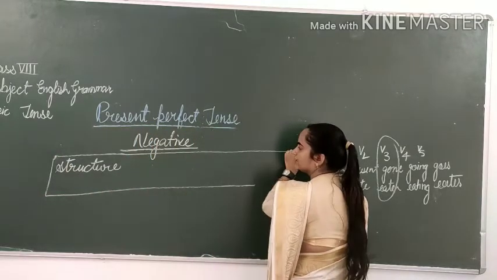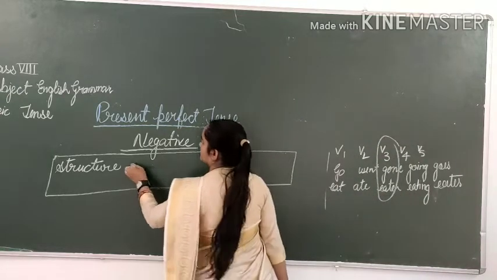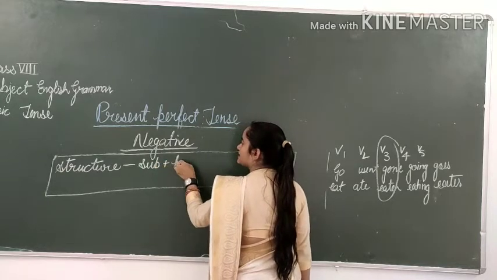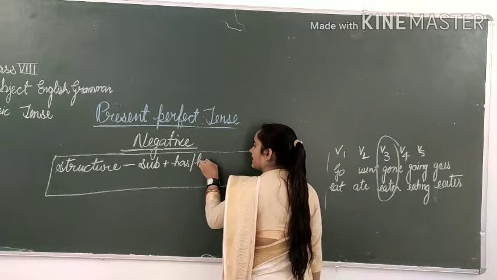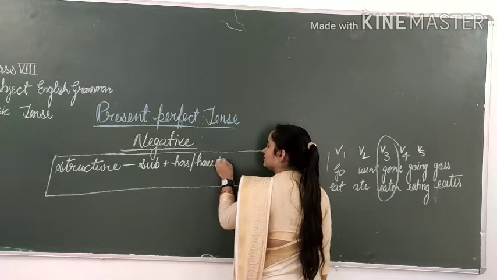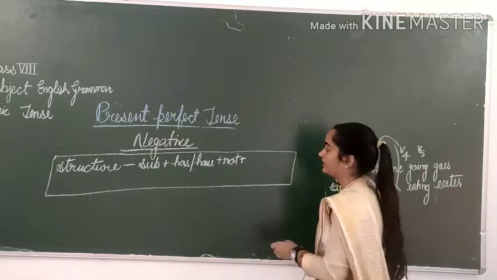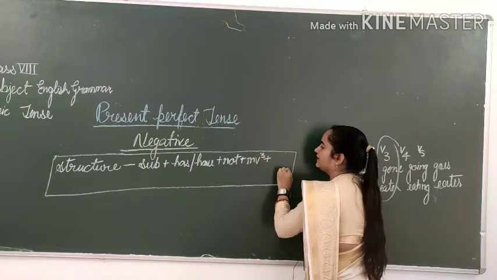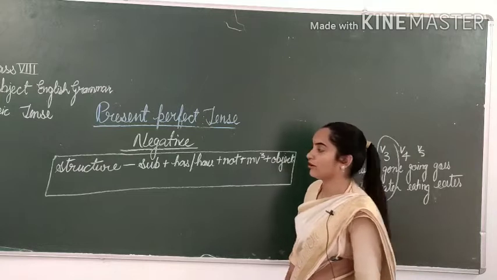Now you have learned. Tell me what will come first? Subject. And then has or have plus not. And then after MV3 or V3 plus object. And in the last, full stop.